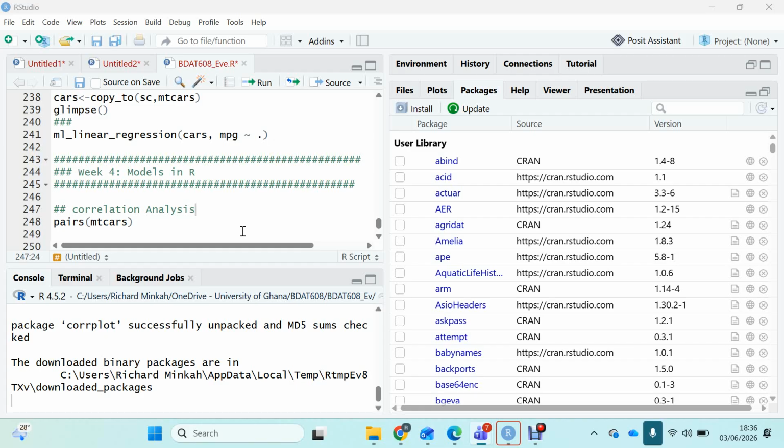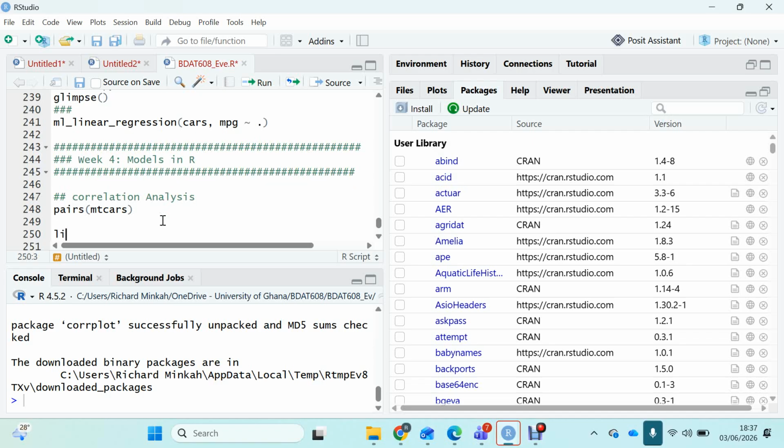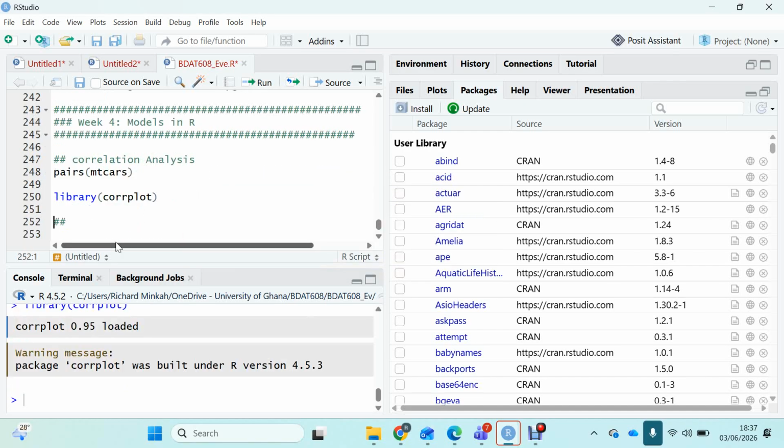Then with corrplot, you can get a, so you go here and then you look for corrplot. So library(corrplot).